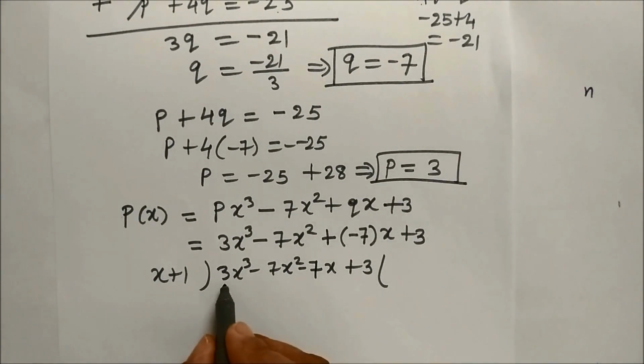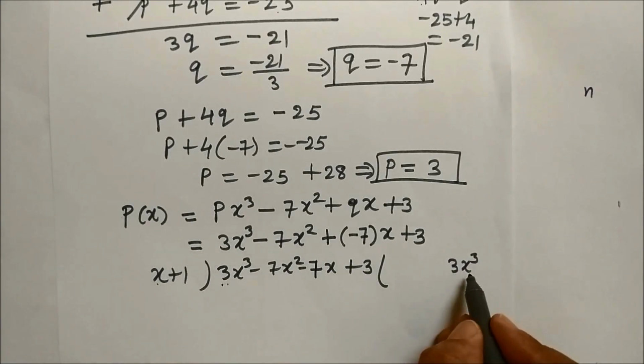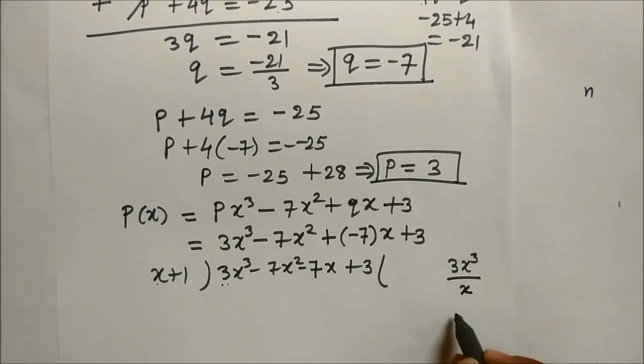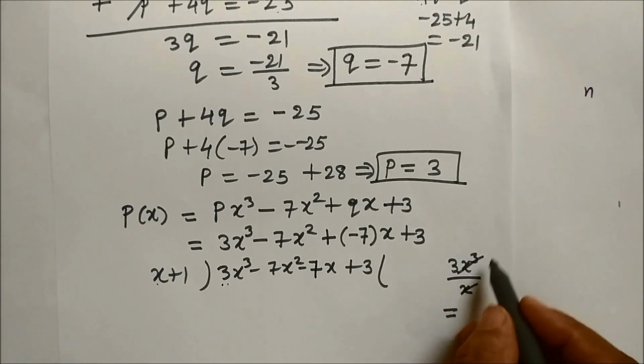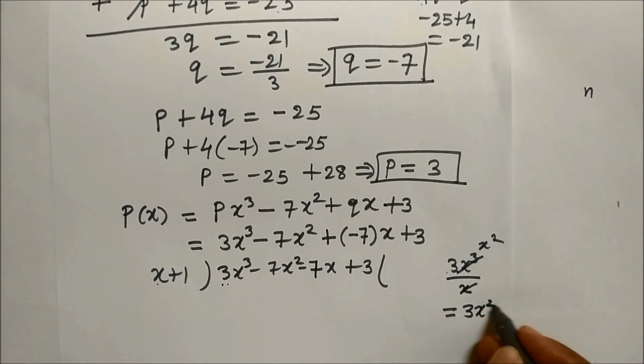Now again here we want 3x cube. So what should we multiply in x? So it becomes 3x cube. For finding that number we will divide 3x cube by x. X when we divide this one we will get here x square. So we will get here 3x square.